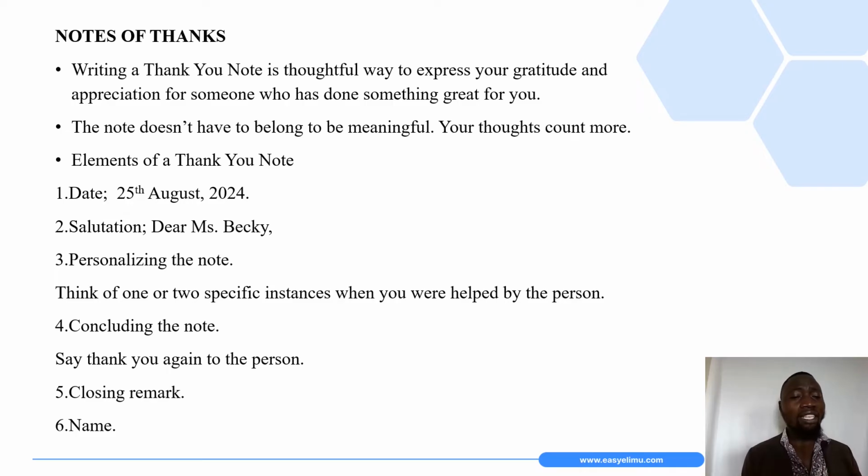So on to the third element, that is now the body. So when writing the body of your note, dear students, you are advised to personalize the note. So how do you personalize your thank you note? So think of one or two specific instances when you are helped by the person.